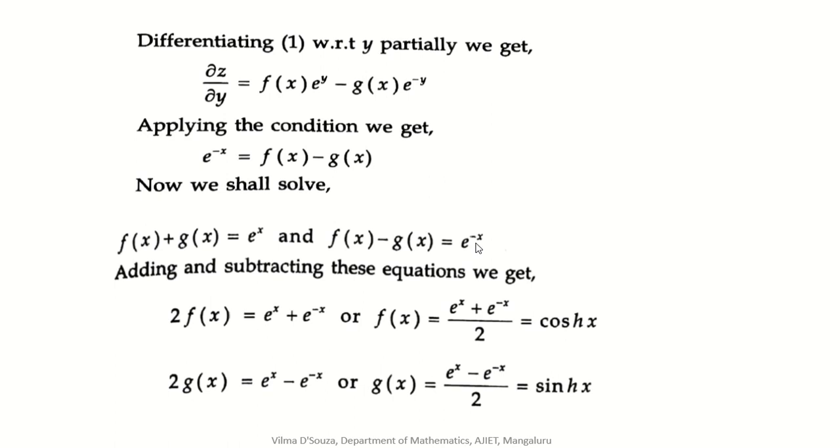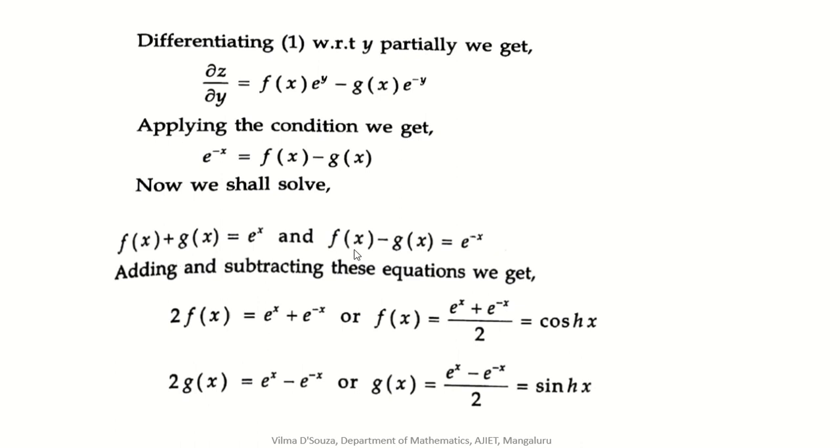Now, in order to get f of x and g of x, you have to solve these two equations. How do you solve these two equations? You can observe the equations are f of x plus g of x is equal to e power x, and f of x minus g of x is equal to e power minus x.